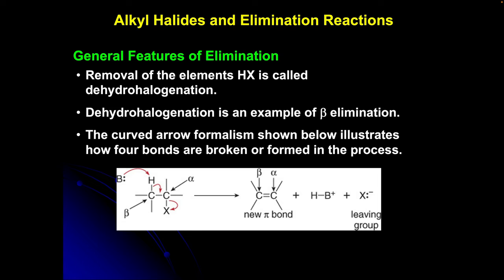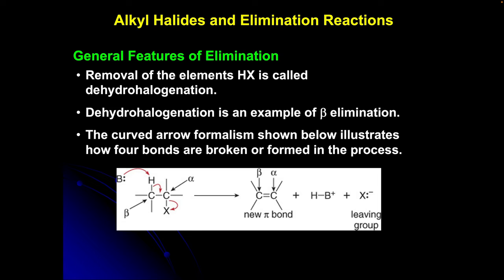All right. So that's the SN1 and SN2 piece. Now, there's another thing that you need to know about reactions of alkyl halides, and that is that they can undergo elimination reactions.